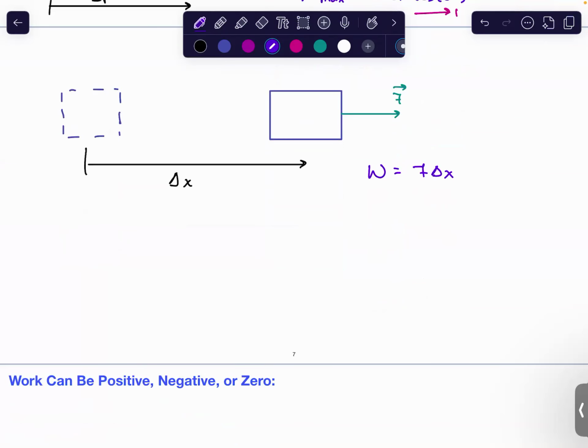Well, we'll get to some where, for example, the force of gravity is going to create negative work.